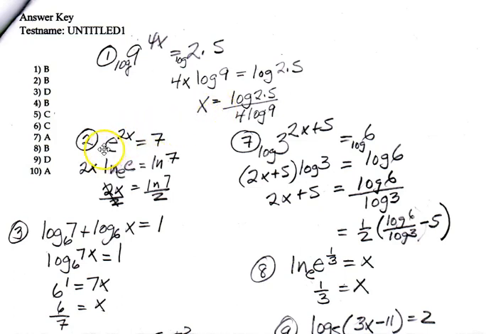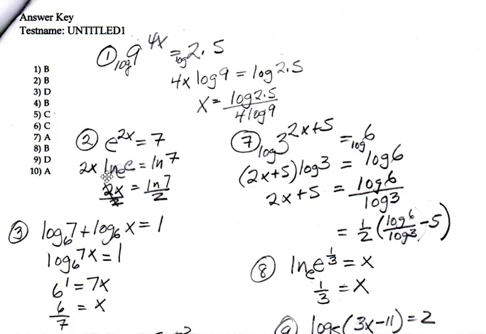Here we're going to convert it from its e form, bring the exponent down in front of the natural log, and remember, when it's log base e of e, this just becomes a 1 here, and we get 2x equals the natural log of 7, and we want to solve for x, so we're going to divide both sides.